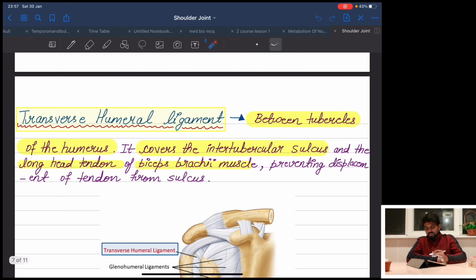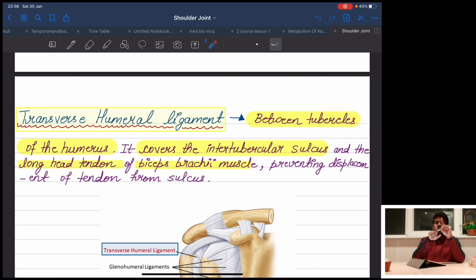Firstly, the transverse humeral ligament. This ligament is present between the tubercles of the humerus. There are two tubercles on the humerus, the lesser tubercle and the greater tubercle. And this covers the intertubercular sulcus. How is the sulcus formed?